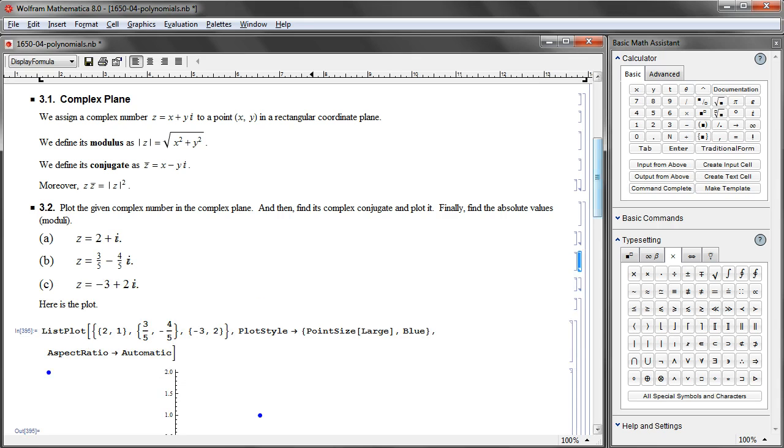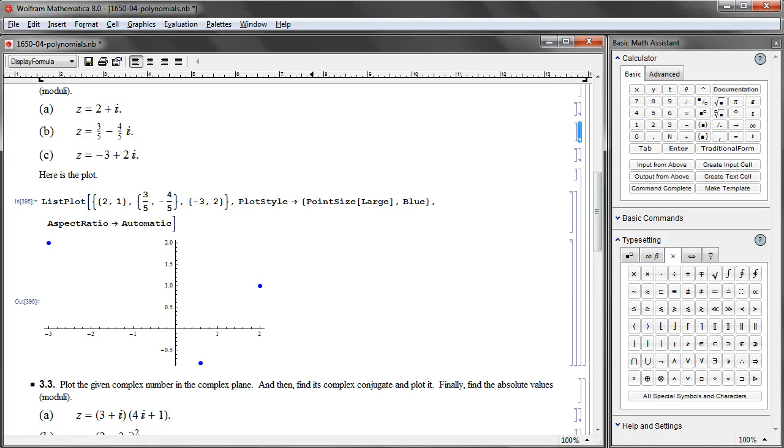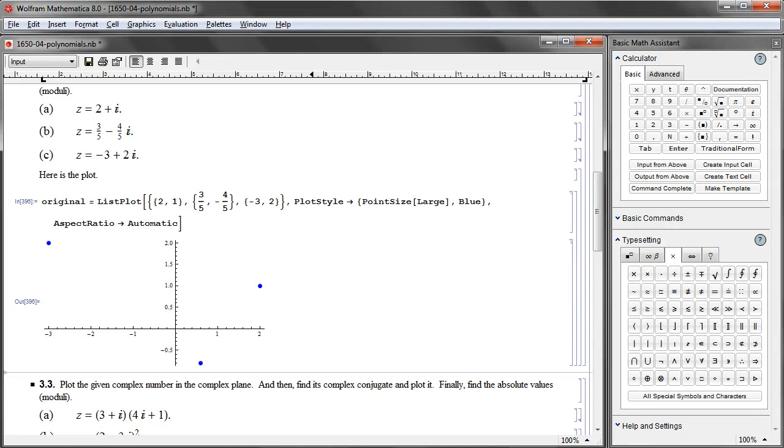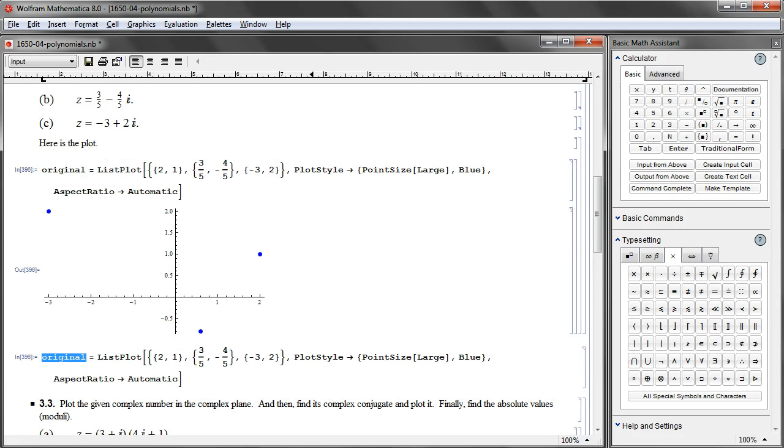Let's look at the pictures. These are the original 3 points, and then let me show you the conjugates.